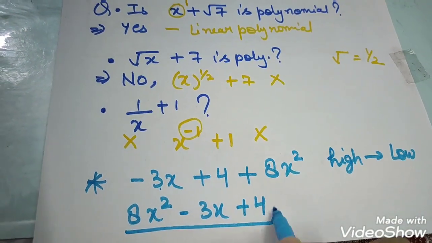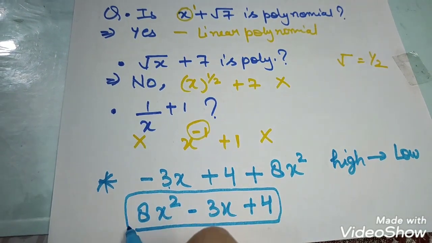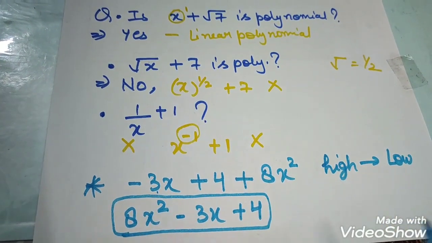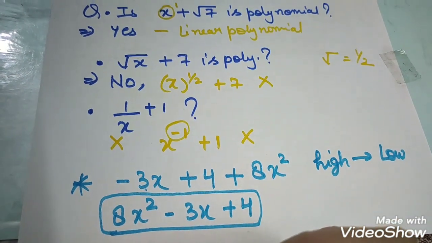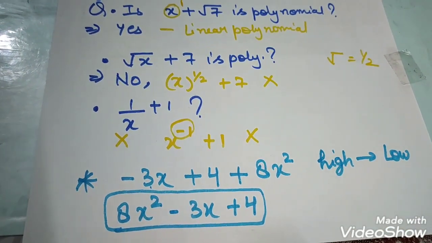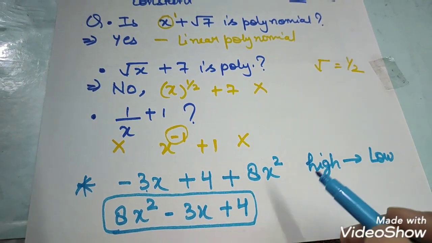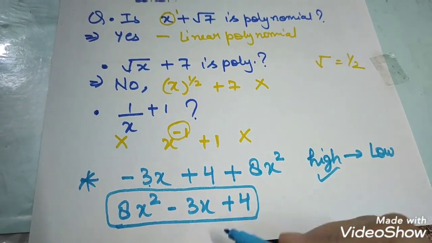So we have to rearrange the polynomial from highest to lowest power, and then solve it further. This is the way of writing a polynomial.